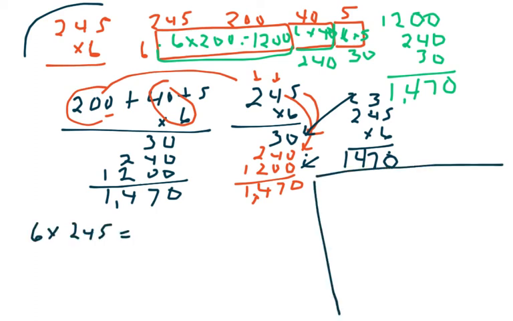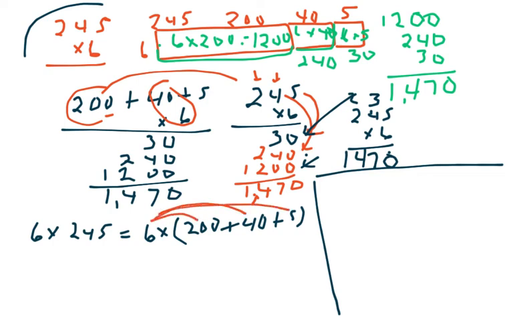There is the distributive property method too, which says 6 times 245 is 6 times expanded 200, expanded notation, hundreds, number of tens, number of ones. And so if we distribute the 6 out, 6 times 200, 6 times 40, 6 times 5, and that's why it's called distributive.